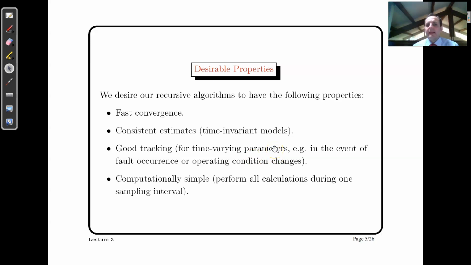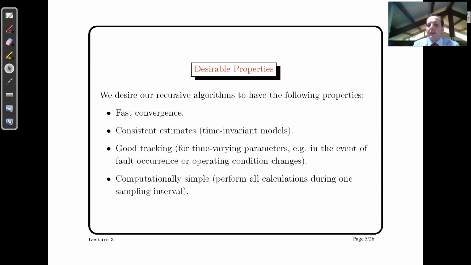Normally, when you need to implement a recursive algorithm, there are some properties that you need to consider and think about. The first requirement is fast convergence.